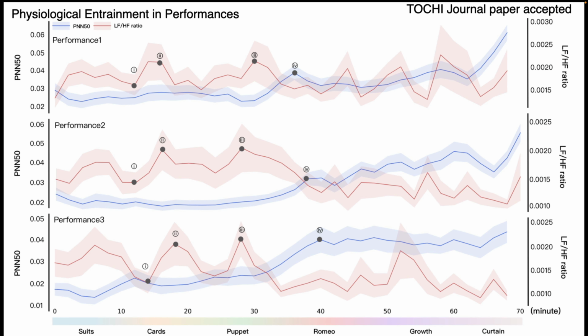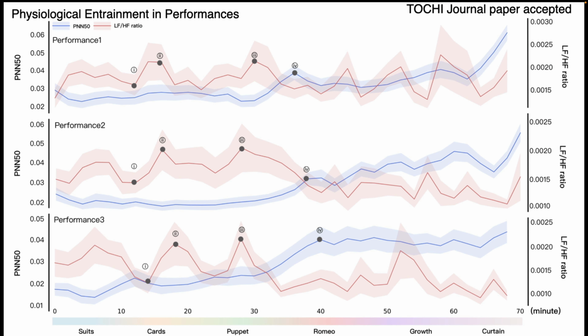And what you see here now is some analysis of some of the heart rate features related to all of the performance audience members. For each performance, we had around 40 to 45 people in the audience streaming their data.